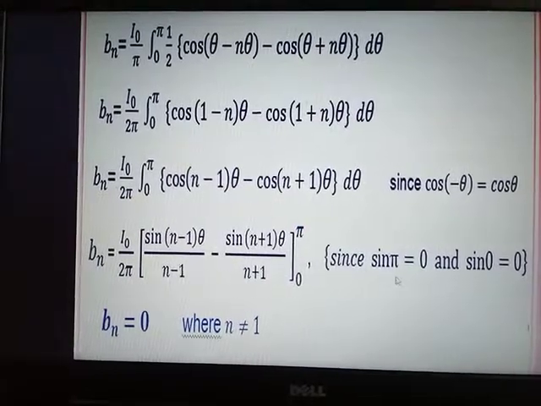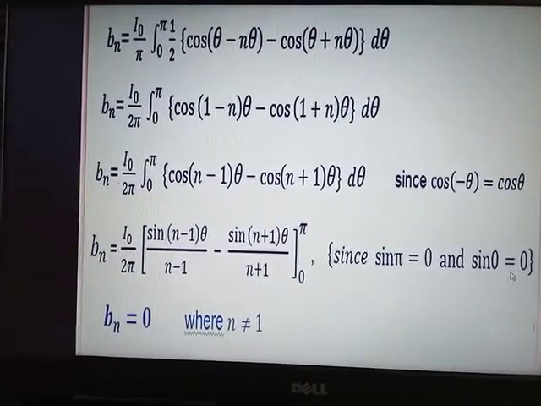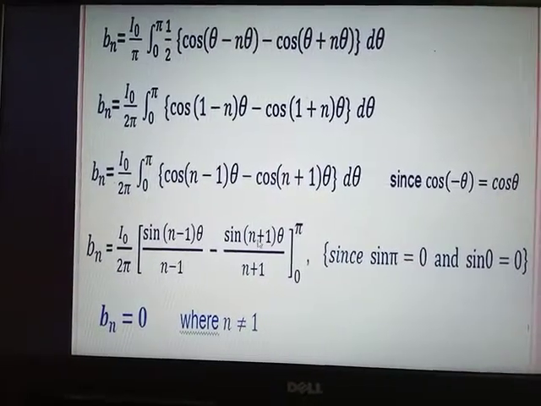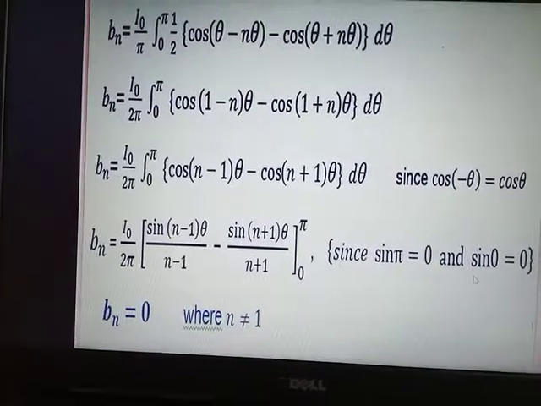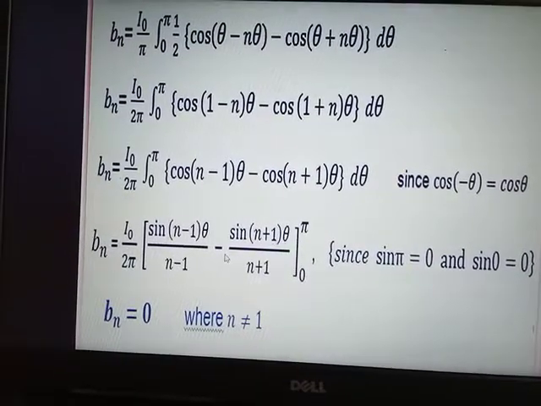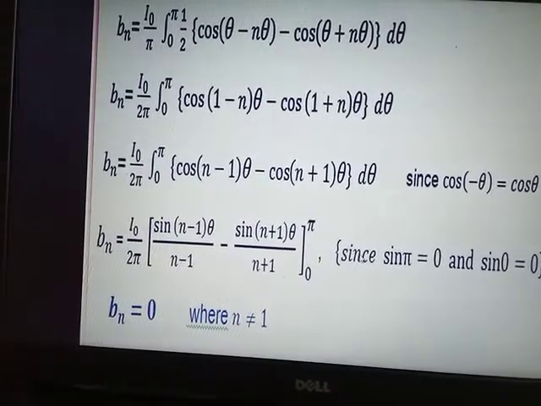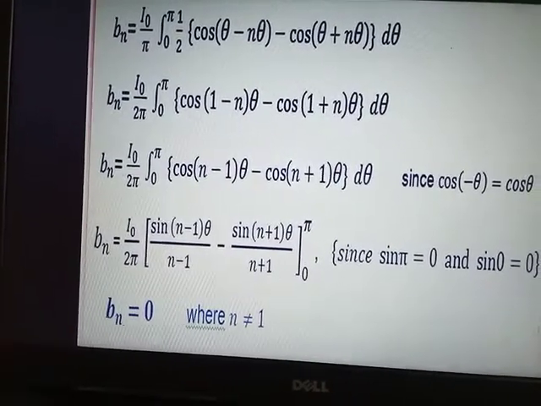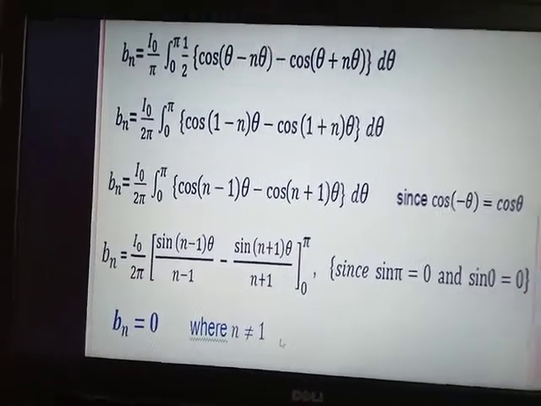Since sin pi value is 0 and sin 0 value is 0, this whole term will be 0, because when we apply the upper limit it is 0, and when we apply the lower limit it is also 0. Therefore, Bn value is 0 where n is not equal to 1.